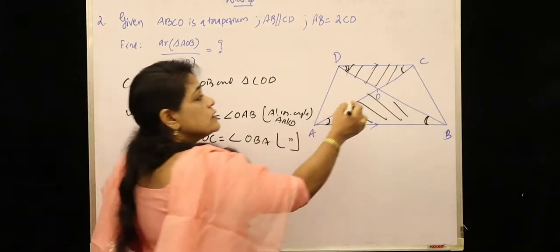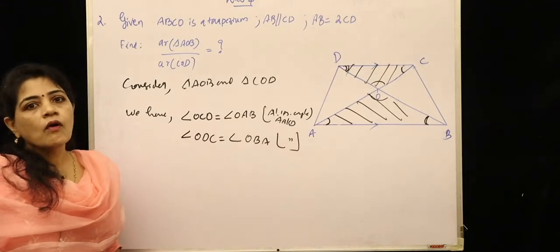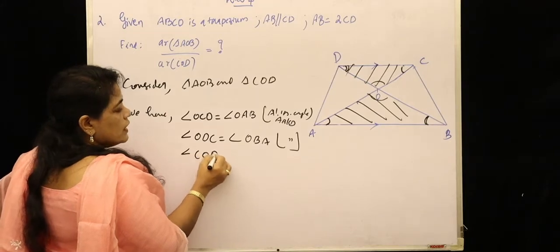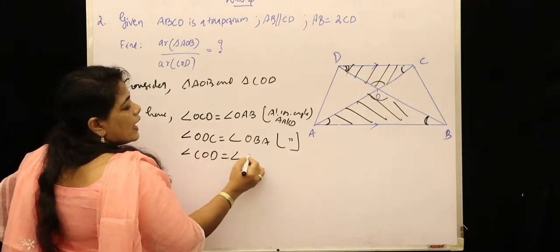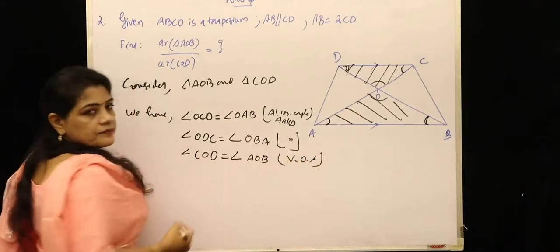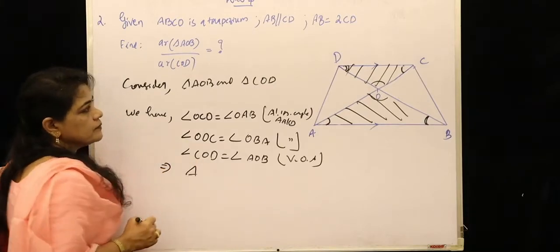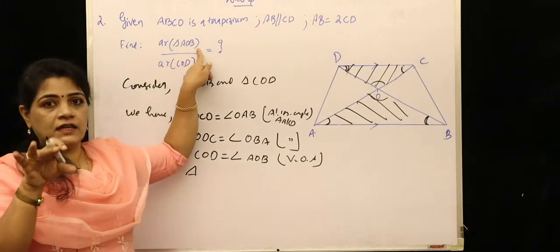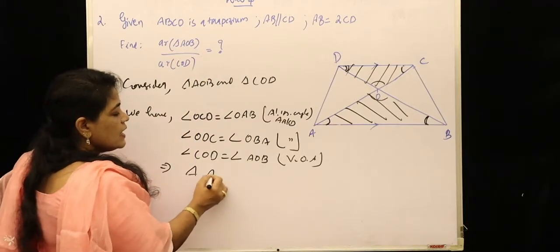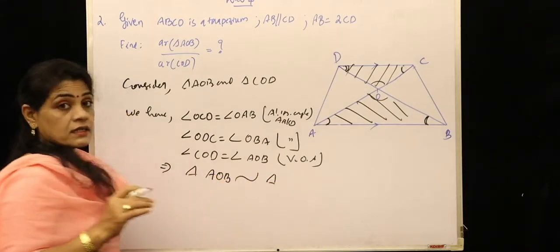Or if you want this also, see children, what about these two? They are vertically opposite angles. I am writing that too: angle COD equal to angle AOB, vertically opposite angles are equal, which implies triangle AOB, being given in the numerator, I am writing as the first triangle, is similar to triangle, we have to write the correct symbolic form here.